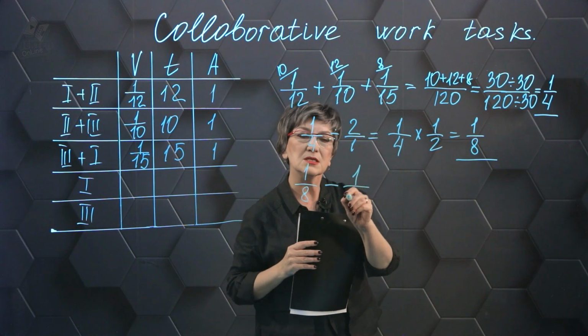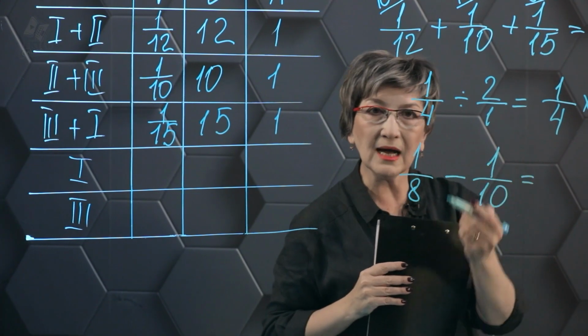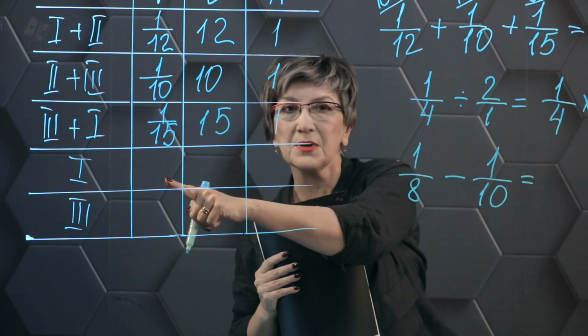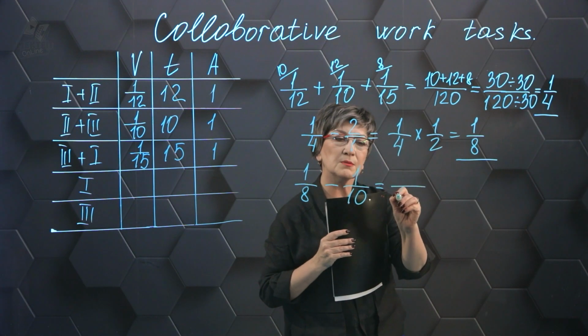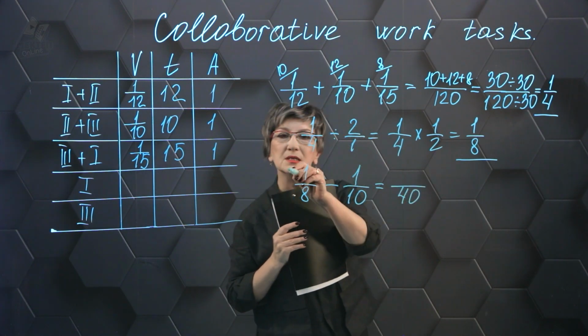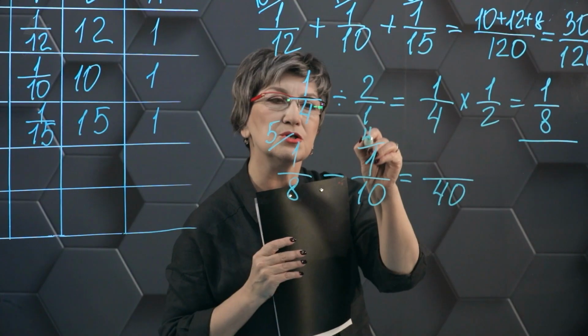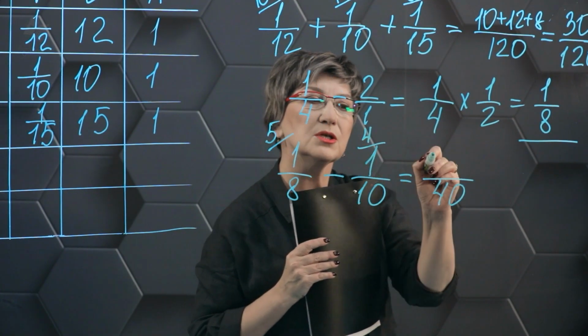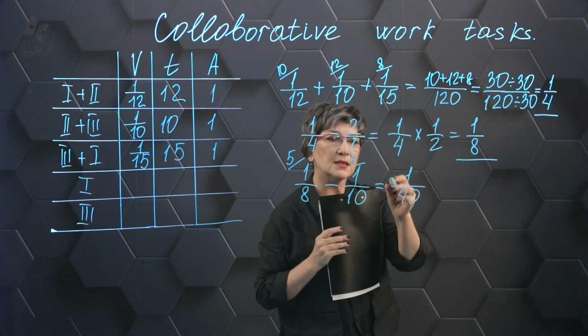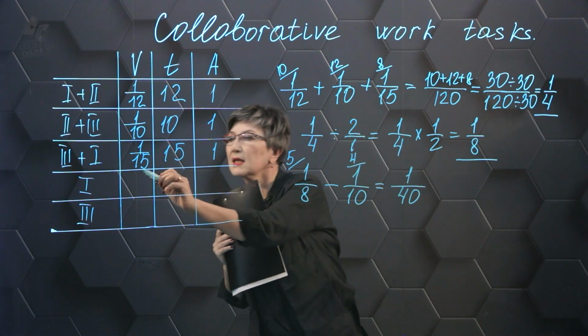And then we find the productivity of the first company. The common denominator is 40, an additional multiplier of 5. And 4. 5 minus 4 is 1. 1/40 is the productivity of the first company.